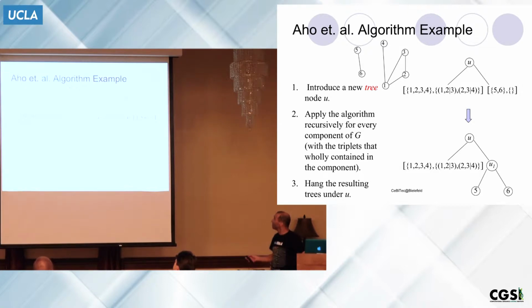So this is our tree. This tree node U represents the partition over that graph.